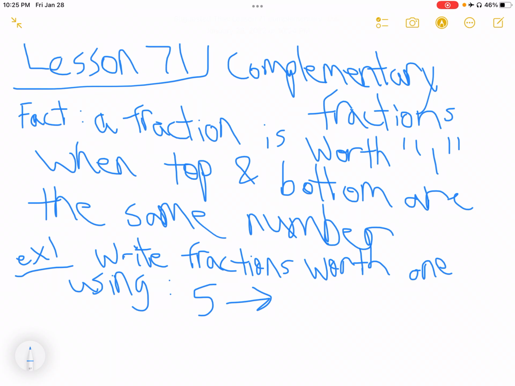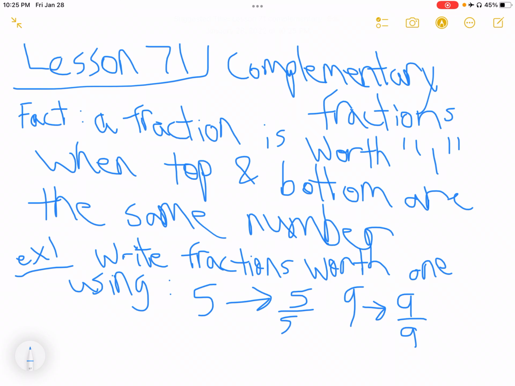Okay, so then if I was going to write a fraction worth 1 using the number 5, then I could just simply write 5 over 5, right, because 5 over 5 would be 1. And then if I had 9, then I can just write 9 over 9. So any number divided by itself is 1.